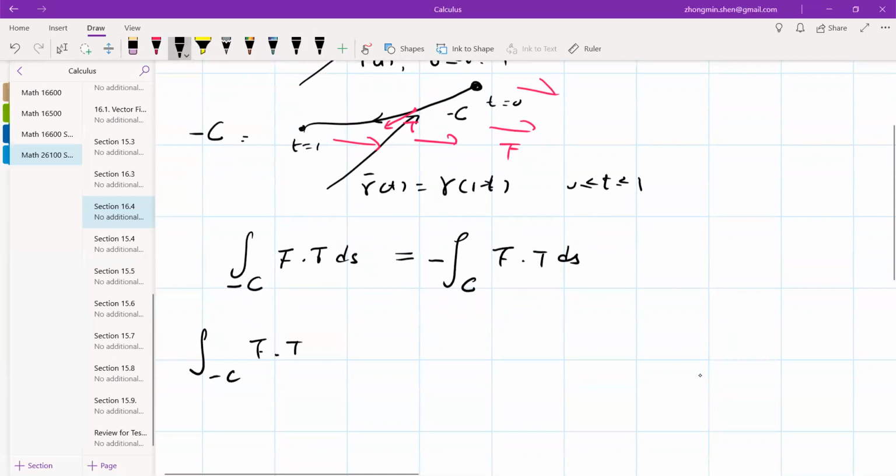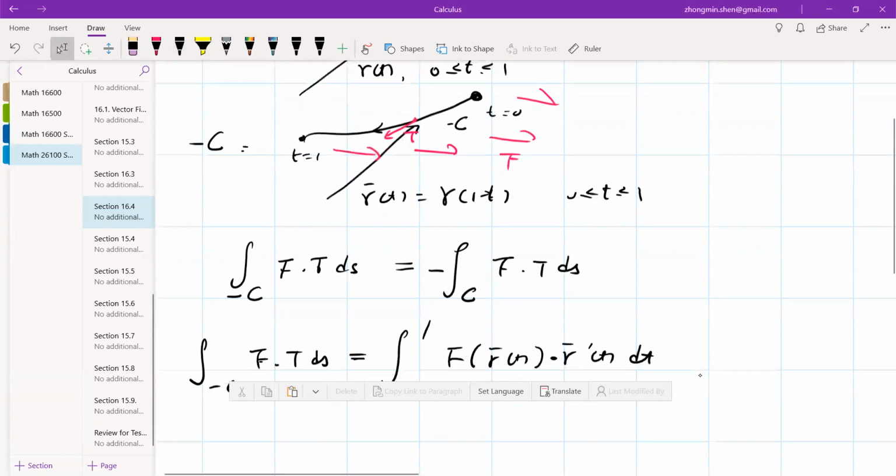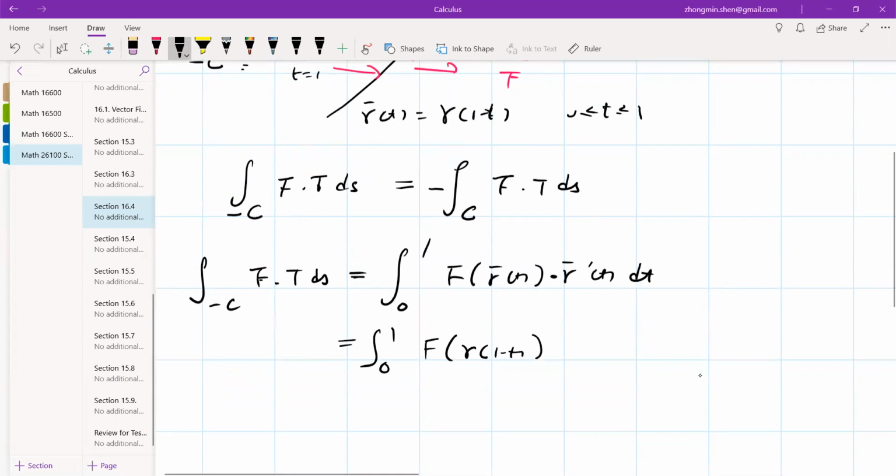The integral over negative C of F dot T ds is going to be the integral from 0 to 1 of F and bar T. We just use those two different parameterizations for the same curve but in different orientations. So this is going to be F of r(1 minus t). When I differentiate, I get r prime (1 minus t), but there is a negative sign.